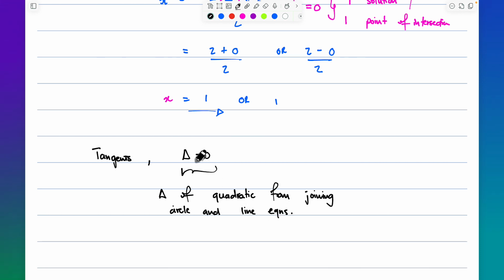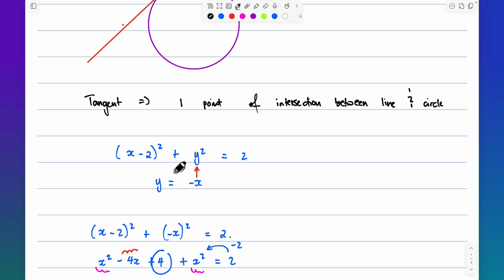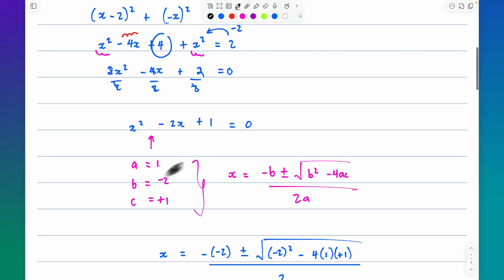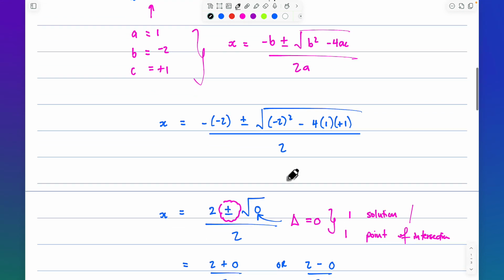Essentially, take your circle and your line and combine them, because we're trying to solve for them simultaneously. Then from that resultant quadratic, which is this one over here, we analyze the determinant, and we're saying that for a tangent, that determinant is going to be equal to 0. All right, hopefully that makes sense.